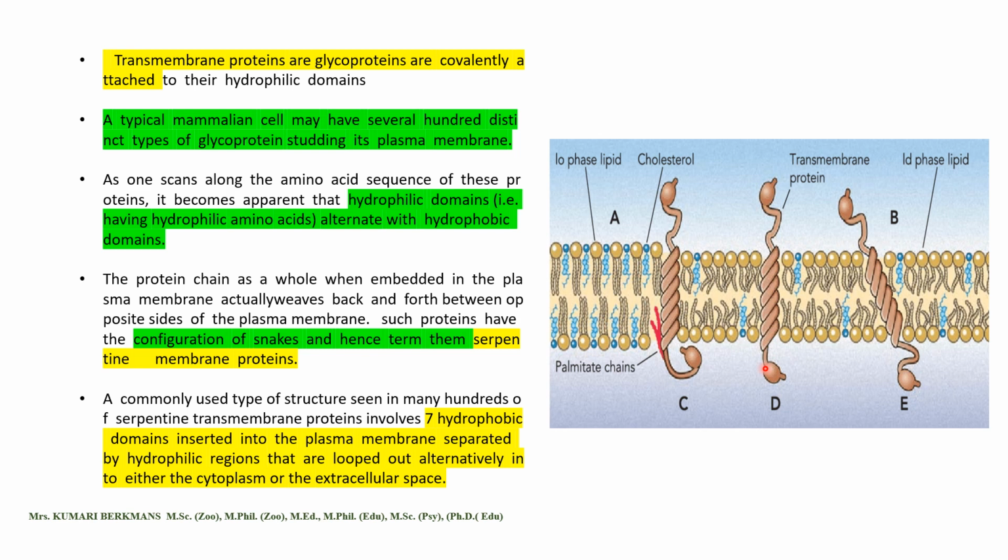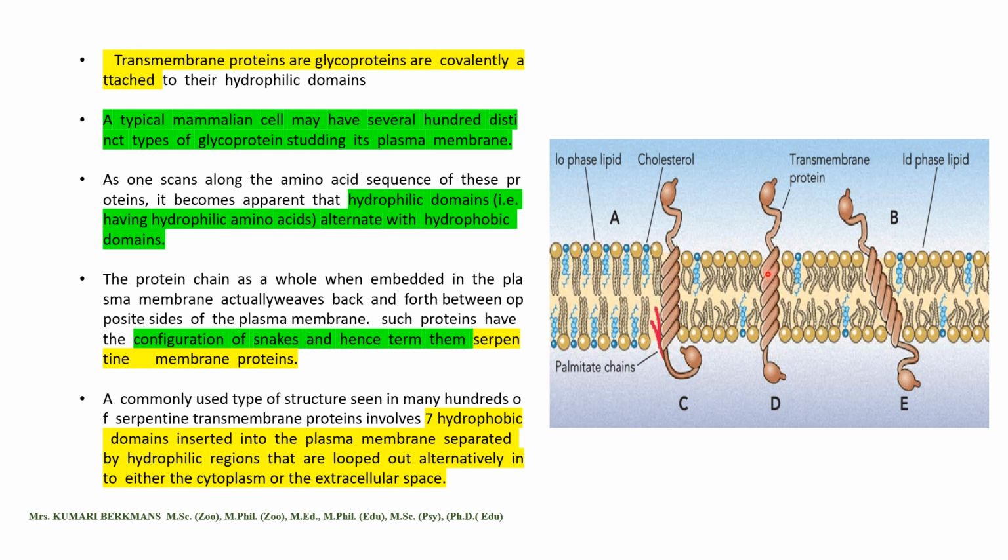A commonly used type of structure seen in many hundreds of serpentine transmembrane proteins involves 7 hydrophobic domains inserted in the plasma membrane. Here you can find the 7 hydrophobic domains, separated by hydrophilic regions.